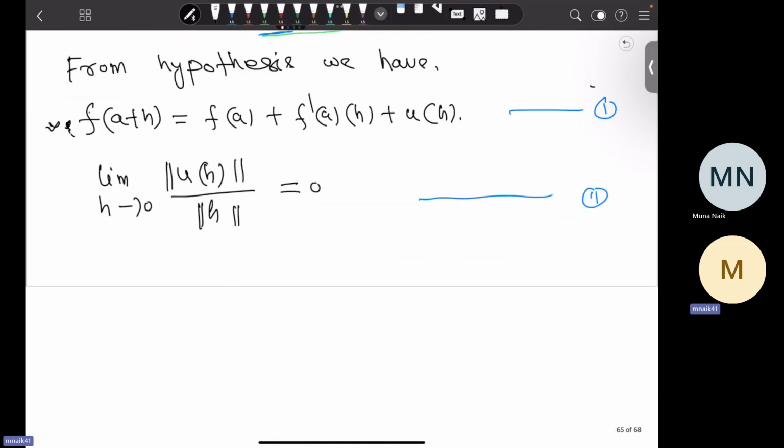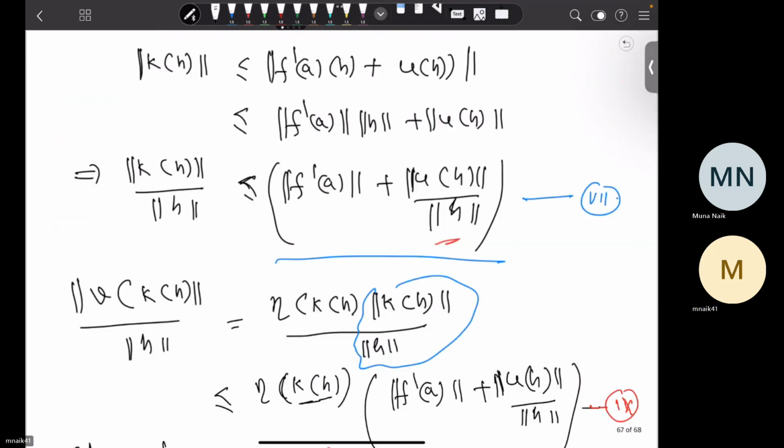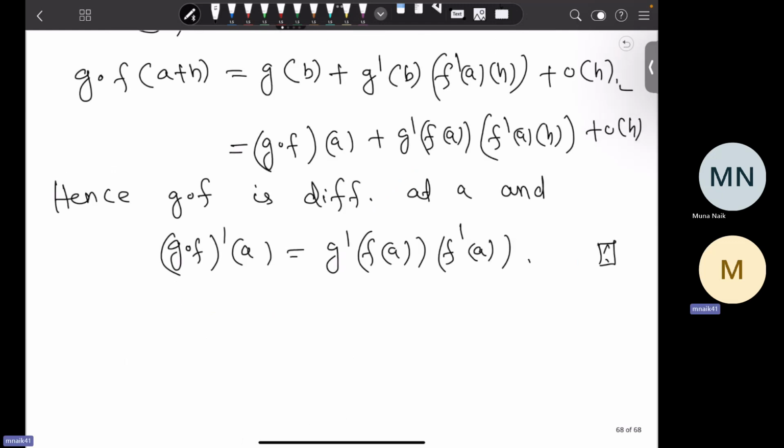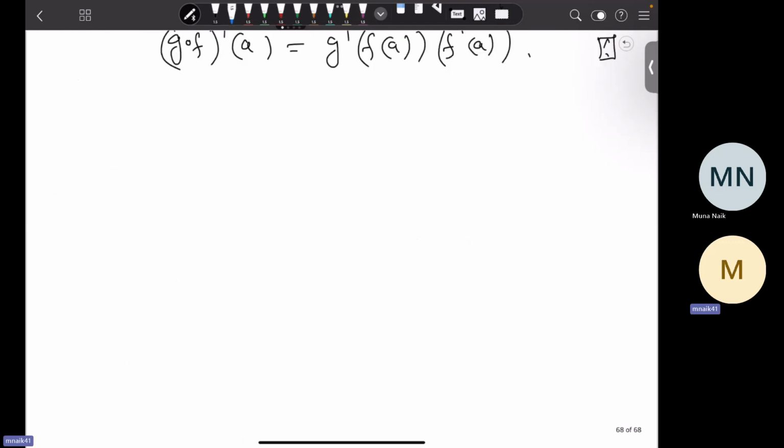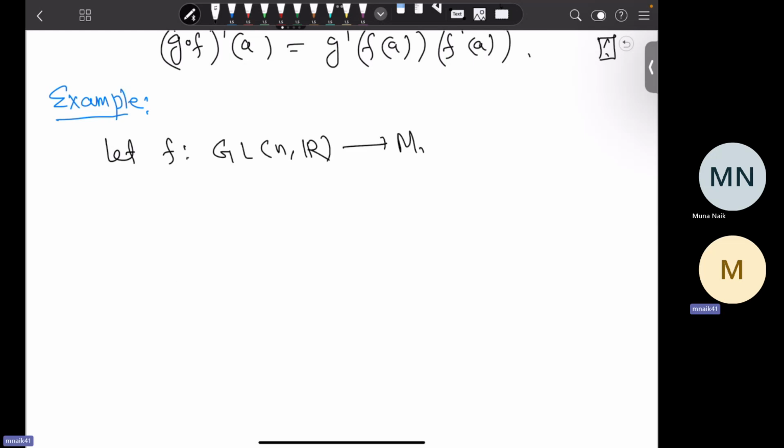One application. One example I have to show. Recall that, example: let f from GL n R to M n R be given by f of x is really x inverse.